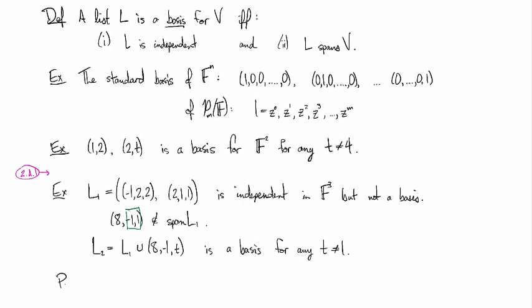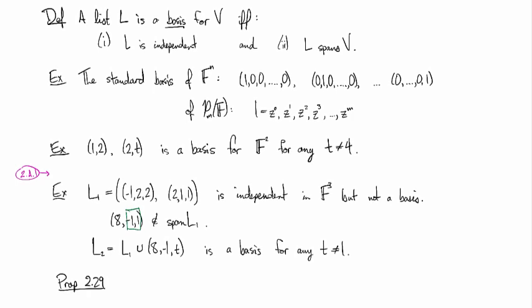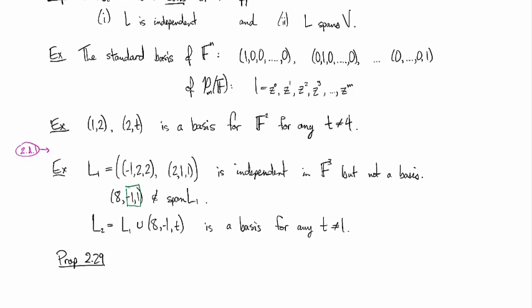So the last thing to say for now is a proposition. So this is numbered 2.29 in the book.